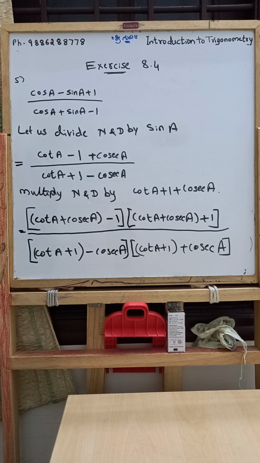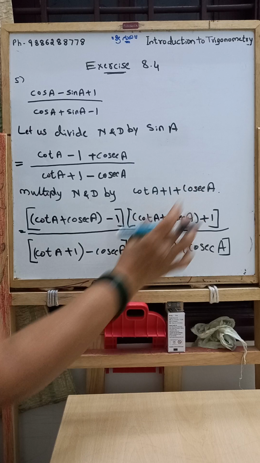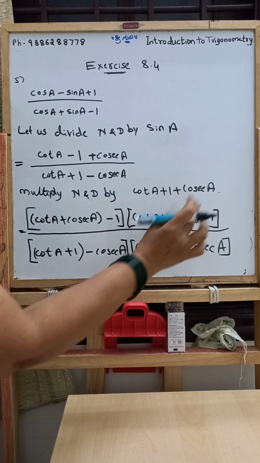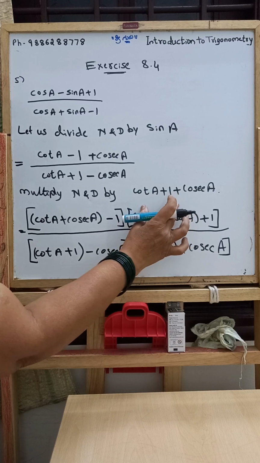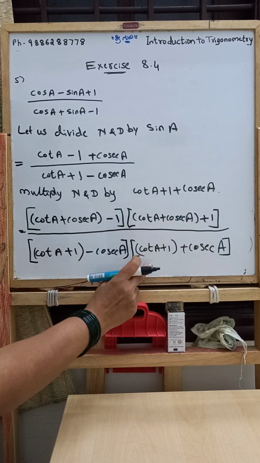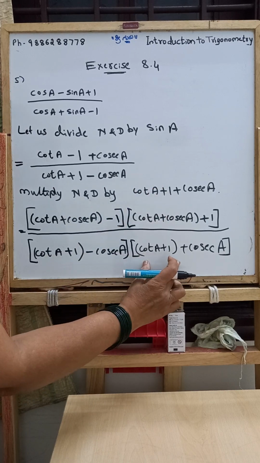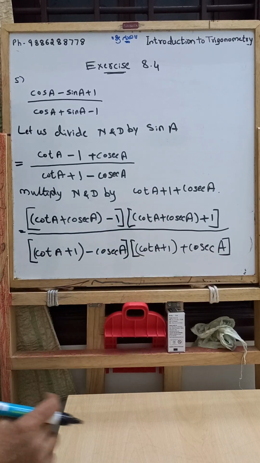Here the same expression is written in two different ways. First one, cot A plus cosec A in one bracket and plus 1. In this denominator, we combined cot A and plus 1 in one bracket and then cosec A in another bracket.